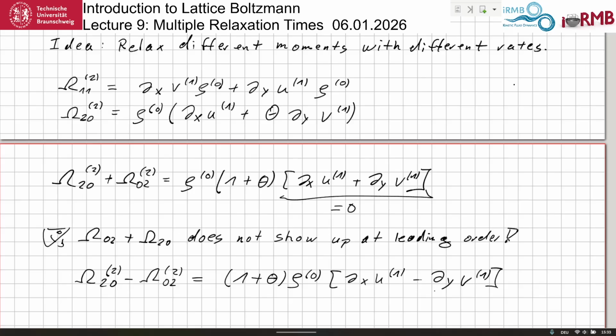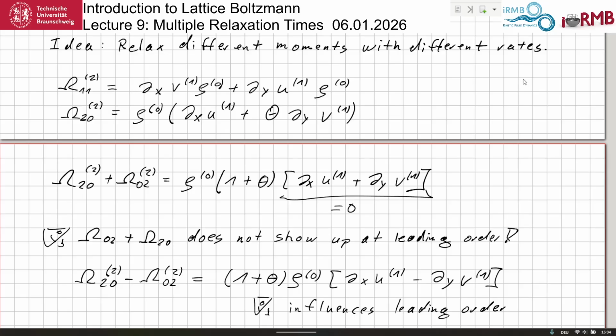And this obviously is not 0. Yeah? So we'll have to keep this. We have to keep the difference between them, but we don't need to have the sum. So this guy here influences leading order.